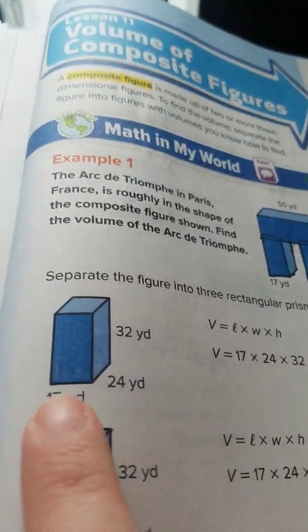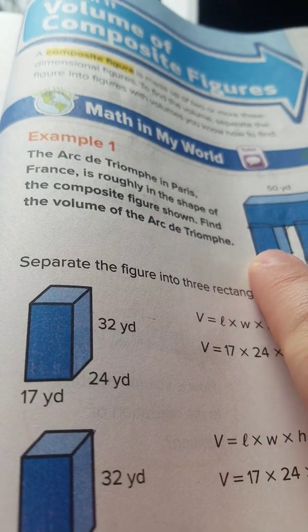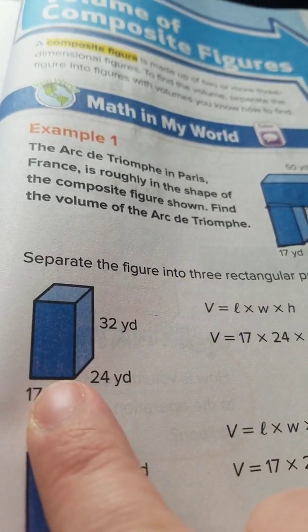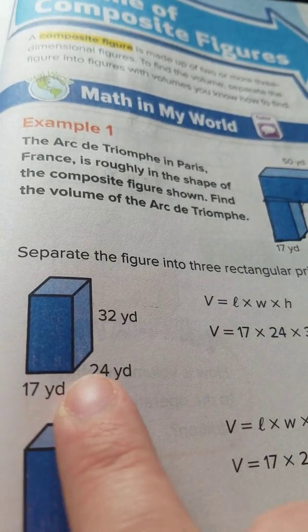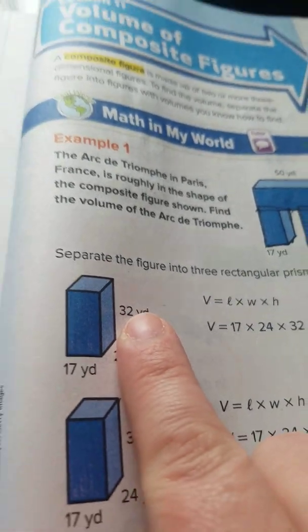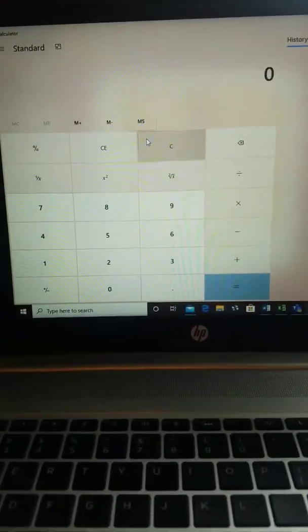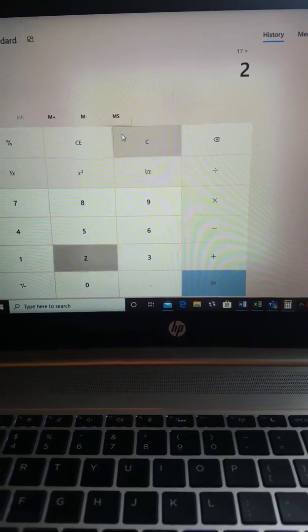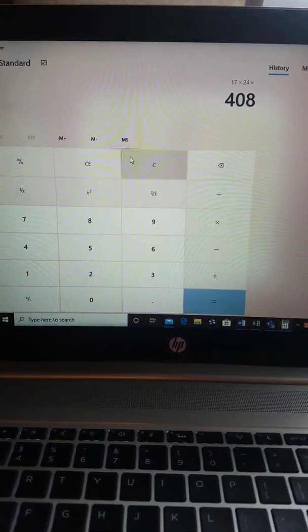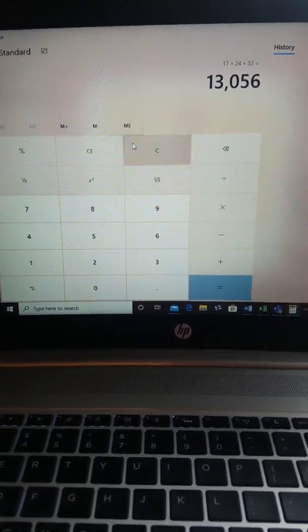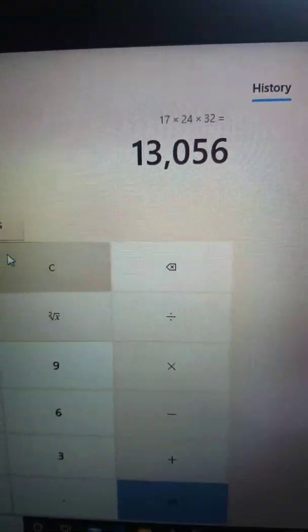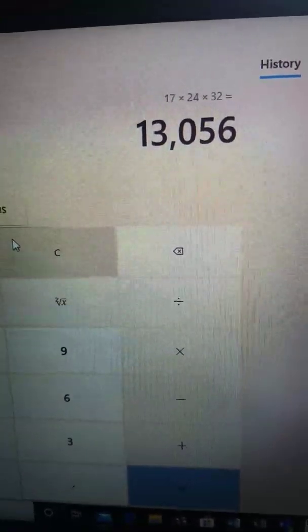So take a look. They pulled out this second rectangular prism that I pointed out to you. It's 17 long, 24 wide, 32 high. So on our calculator, we're going to take 17 long times 24 wide times 32 high. And we get 13,056. I'm going to write that down while you guys are looking at it. 13,056.